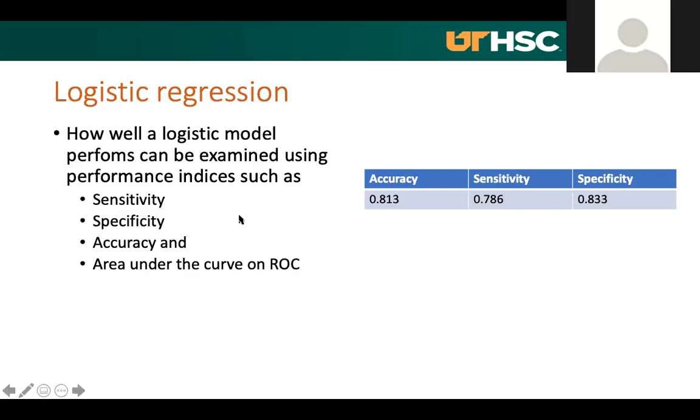Then sensitivity is like you have a certain cutoff point in the probability to classify a given individual as having the outcome of interest or not having the outcome of interest, based on the predictor variables that were used in the model. For example, for infertility, we used induced abortion or previous history of spontaneous abortion in the model.